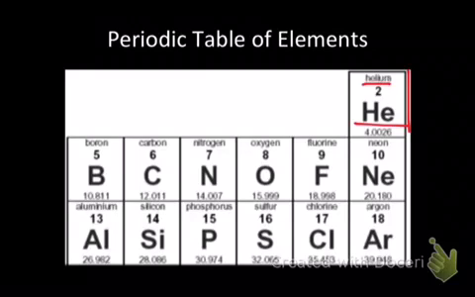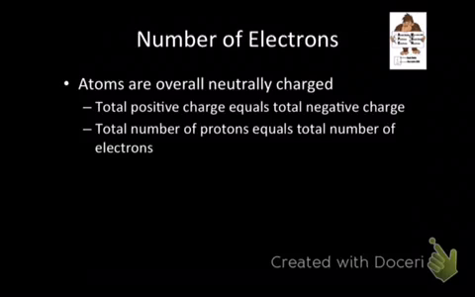Elemental symbols will always have a capital letter first, and if it has a 2-letter symbol, the second letter will be lowercase. And that number 2 right there is helium's atomic number. So we know Z equals 2 for helium, and helium has 2 protons in its nucleus. So any atom with 2 protons in the nucleus is going to be a helium atom.